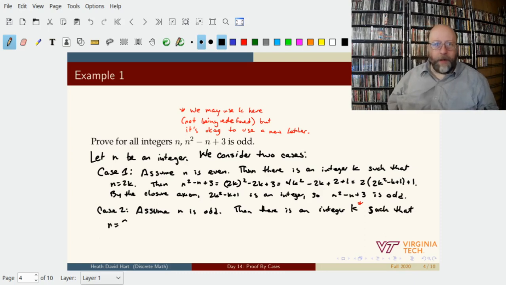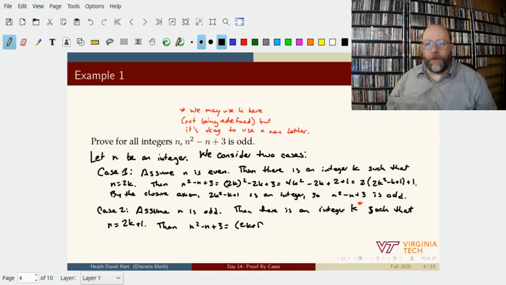n equals 2k plus 1. All right, then n squared minus n plus 3 is equal to (2k plus 1) squared minus (2k plus 1) plus 3.